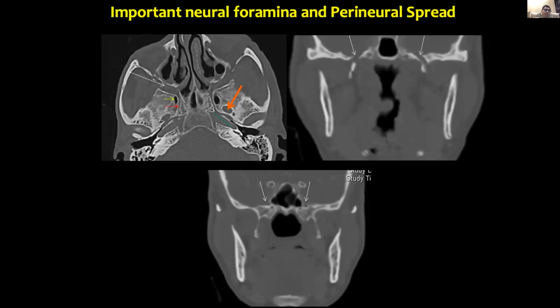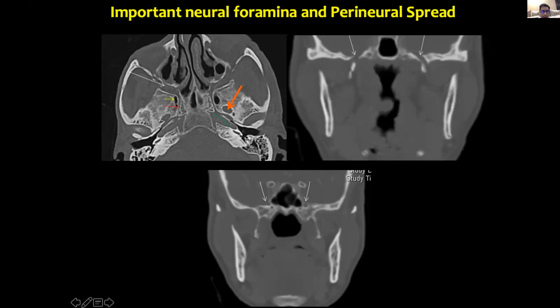Now coming to these important foramina, as I said, the bone algorithm images are the important images where you have to assess these foramina. The most important foramen is the foramen ovale, where the mandibular division runs through. The foramen rotundum over here is where the maxillary division will run through, and this thin line over here is the Vidian canal.